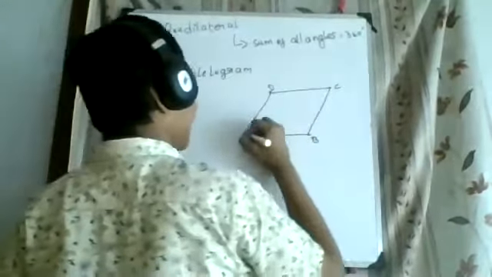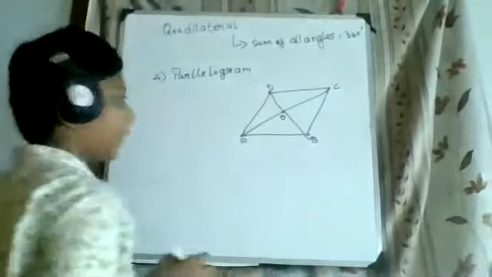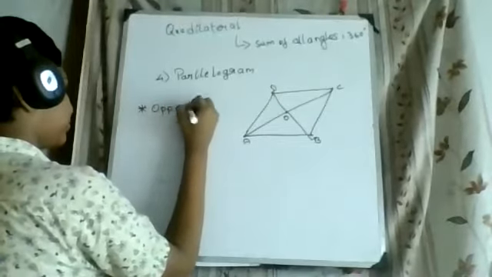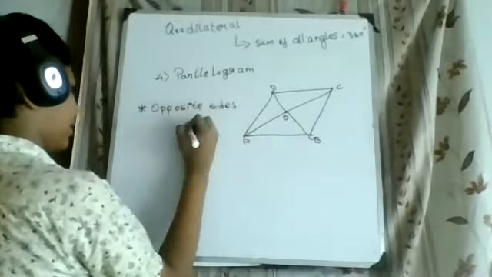The first property of a parallelogram: opposite sides are equal.